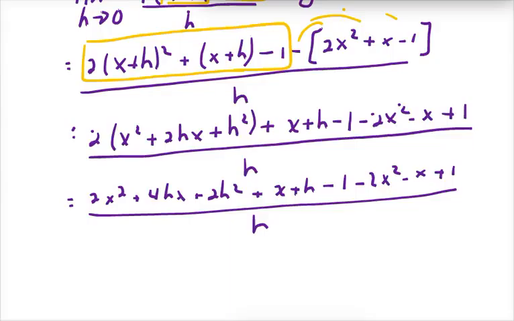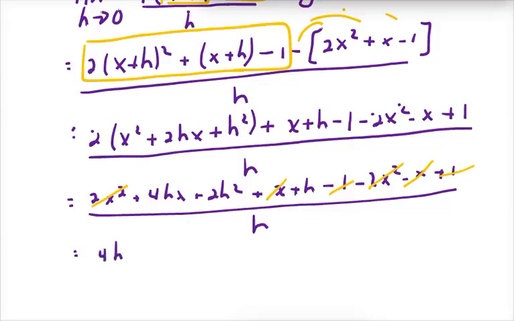So let's start canceling out here. You've got 2x squared and a minus 2x squared. They go. You've got a minus 1 and a plus 1. They go. You've got an x and a negative x. So they go. And what you're left with is everything that has an h in it, which is a good thing.